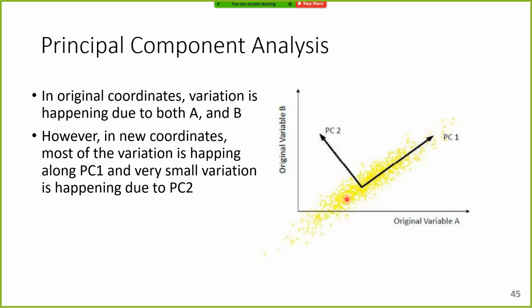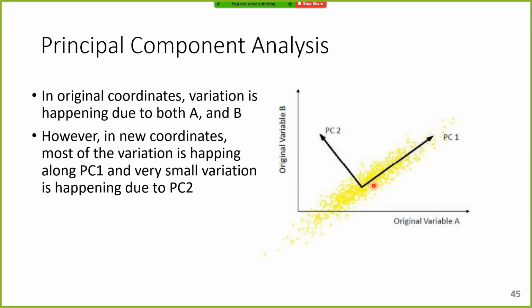If you want to develop a model for this kind of data, you would need both variable A and variable B. But if you somehow rotate the coordinate system, you can get two new variables, PC1 and PC2.